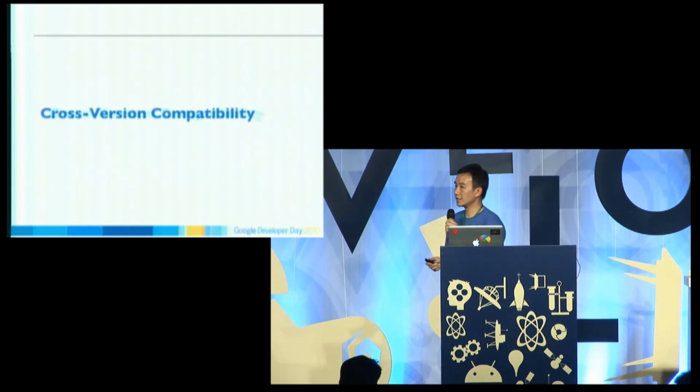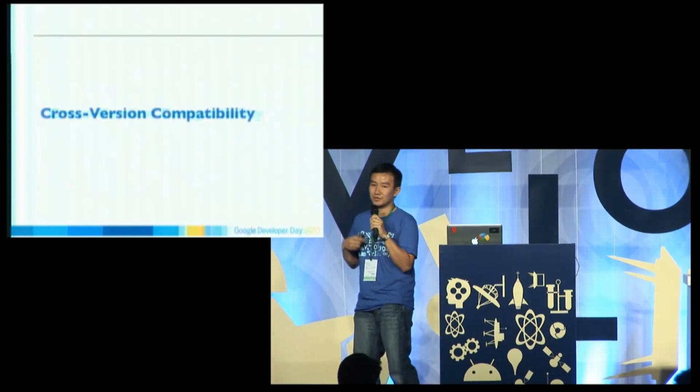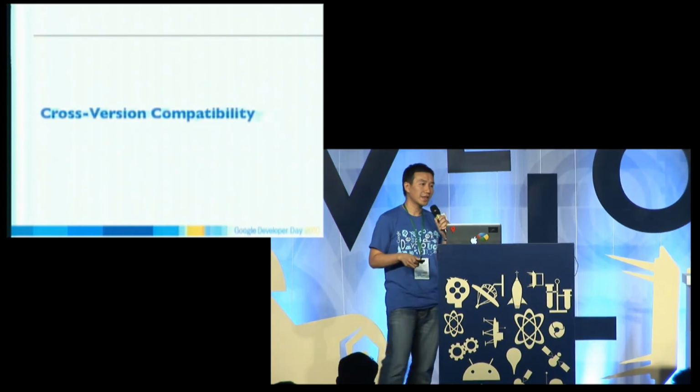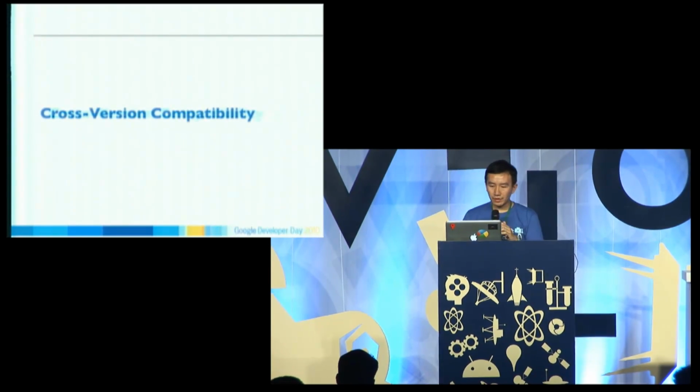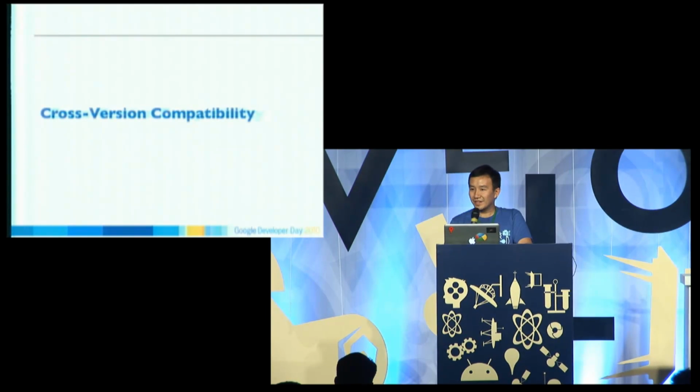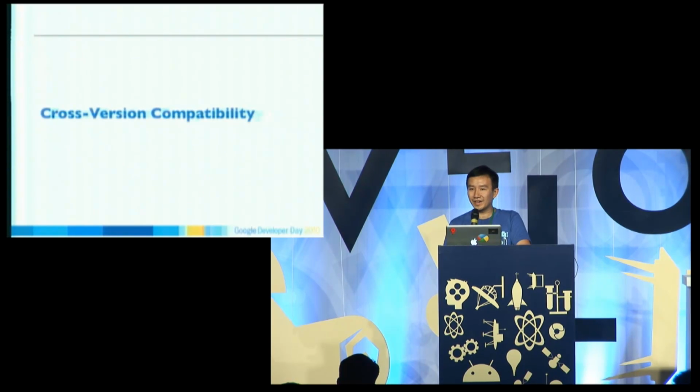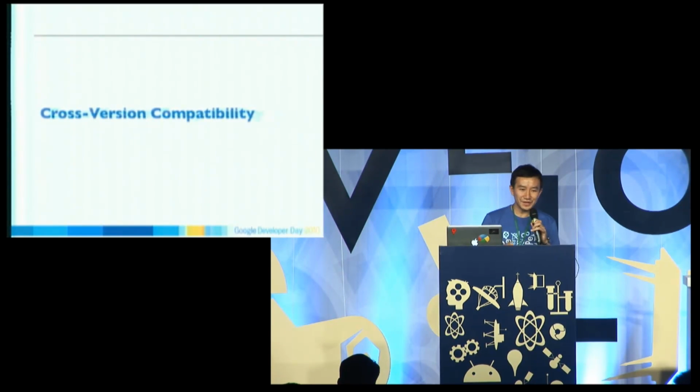All right, so we talked about the screen size and screen densities, the different form factors that you need to be aware of. What about the different versions out there? As you probably recall, we have rolled out a few versions over the years.